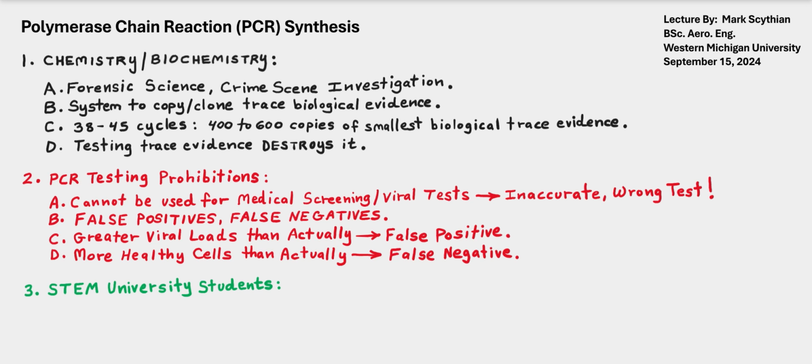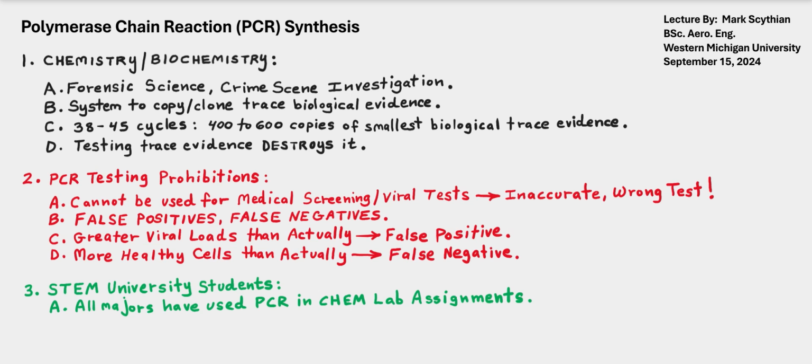And it's all money and politics on that end, but nobody in science, engineering, mathematics, technology would, that would be insane. Like, are you crazy? Do you want to make it so everybody's positive when they're not? So that's what the PCR polymerase chain reaction synthesis used as a test would do. Just a xerox copy machine for biological samples.